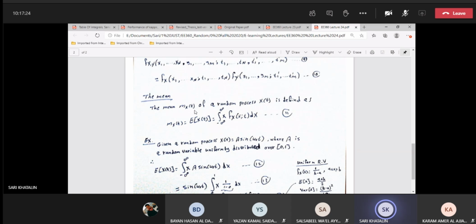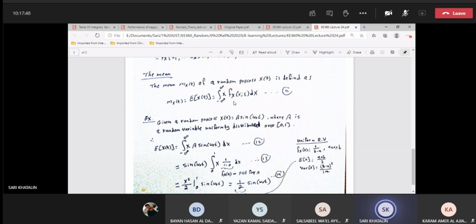The mean of the random process x of t is given by the expected value of x of t, where this here is the PDF of the random process, whereas in the past we said that this is the PDF of the random variable. So if you understand the mean from the past, that's nothing new to you. All you have to do is plug in the PDF here and you will find the mean. So this is the first property of the random process.